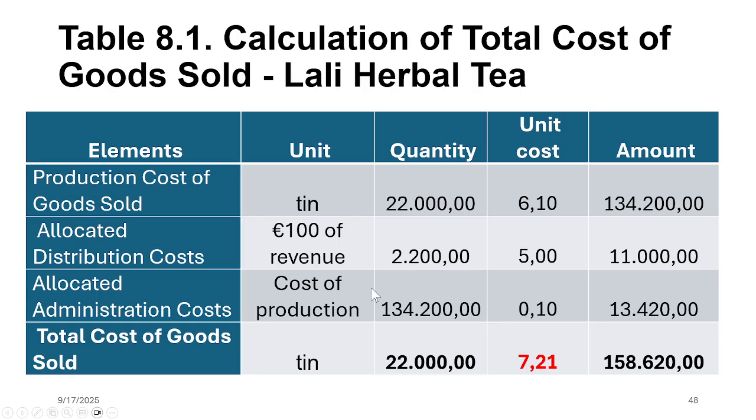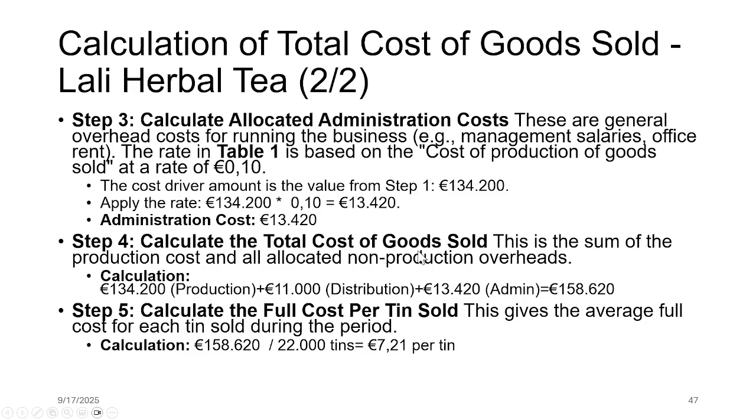So this is the cost of production, and you apply the unit cost in the indirect cost table, right? And finally, for total cost of goods sold, the unit here is a tin, and here is the 22,000 tins, the quantity of product sold, right? So now this is a table, but now I can show you how we can calculate the quantity in the allocated distribution cost, right?